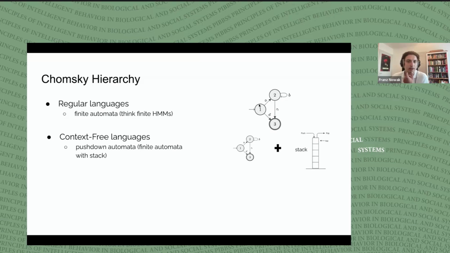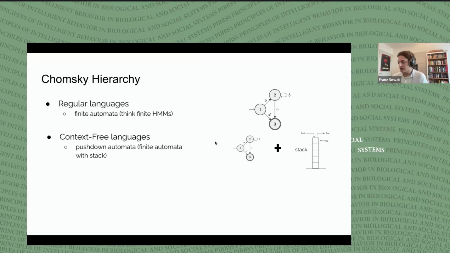And for that, basically what you need is a push-down automaton, which you can think of as a finite state automaton that also has a stack data structure that it can use. So it can push things onto the stack and can pop things from the top of the stack. But importantly, it can only access the last thing that was pushed into the memory.